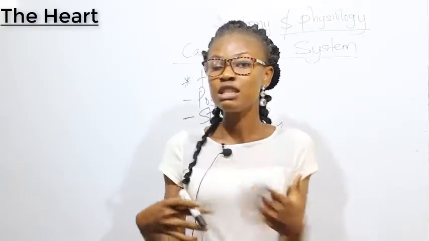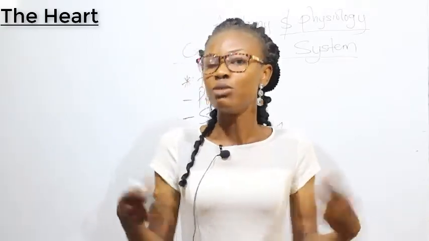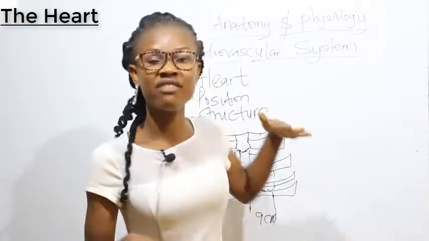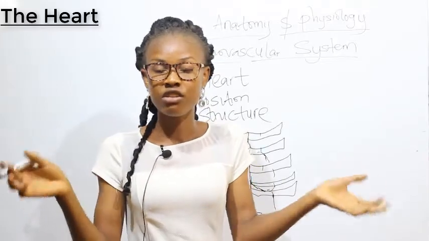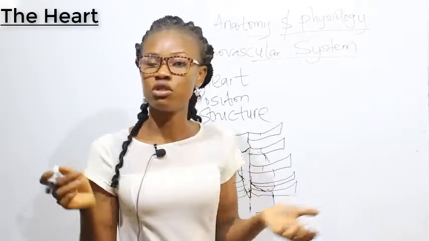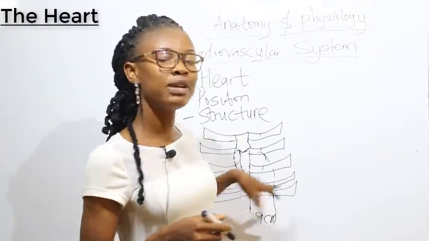Since the heart is at the mediastinum of the lungs, laterally, common sense tells us that we'll find the lungs. Superiorly, we'll have the great vessels, which of course include the aorta, the pulmonary veins, the pulmonary arteries and all that. Inferiorly, the apex lies on the diaphragm.